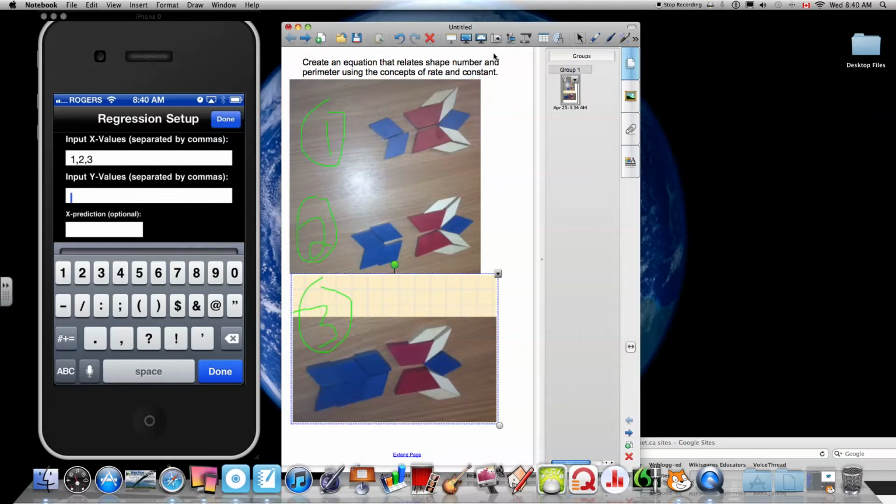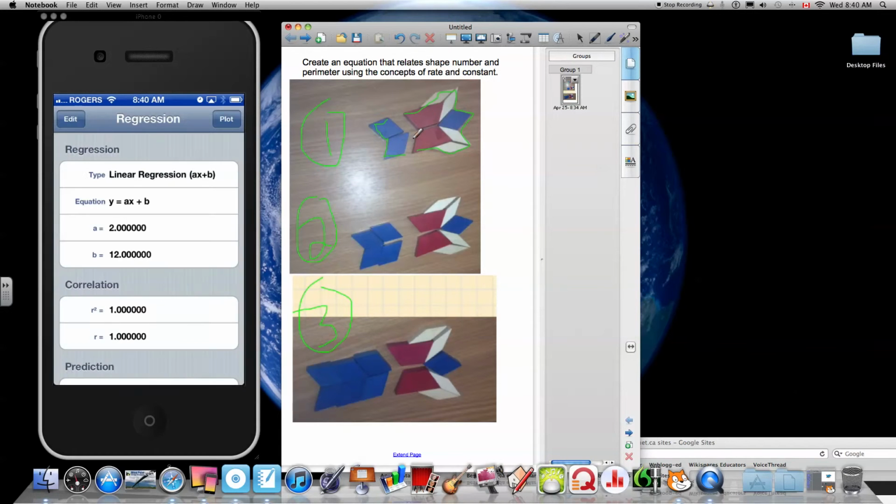And then the perimeter is right here: 1, 2, 3, 4, 5, 6, 7, 8, 9, 10, 11, 12, 13, 14. So the first shape has a perimeter of 14, the second shape has a perimeter of 16, and the third shape has a perimeter of 18.